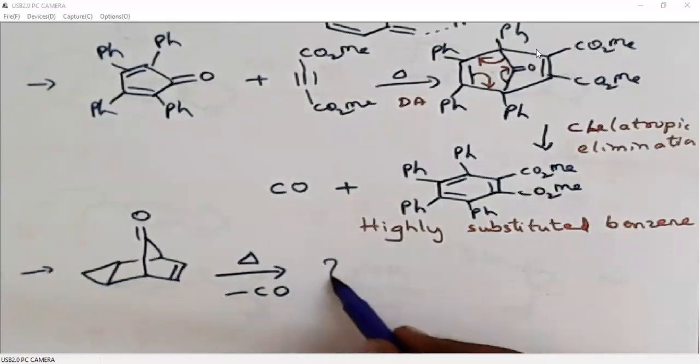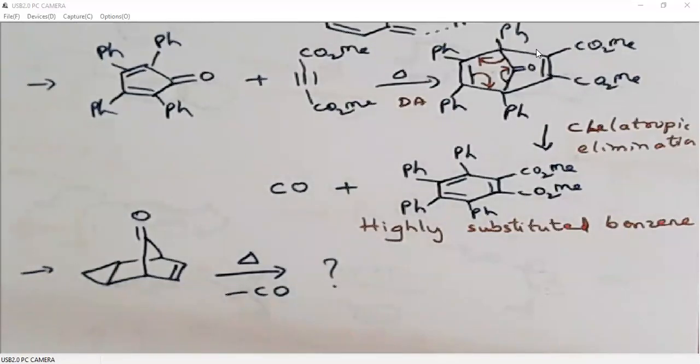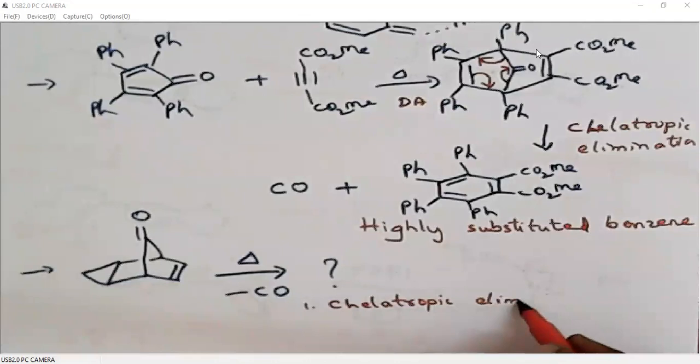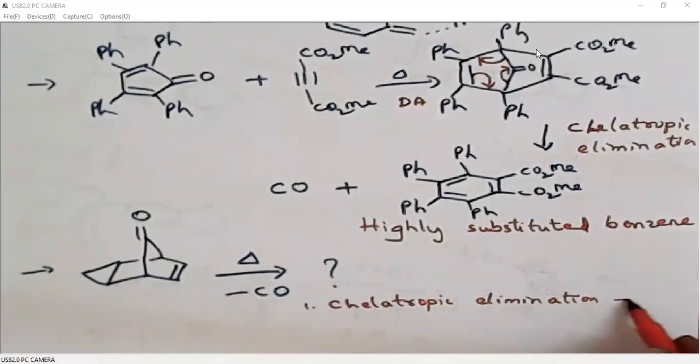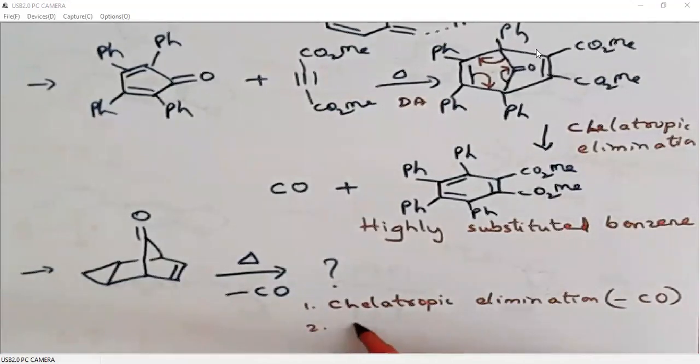What is the product here? Of course, here there are two reactions. One is cheletropic elimination, that expels carbon monoxide, and the second one is electrocyclic ring opening.